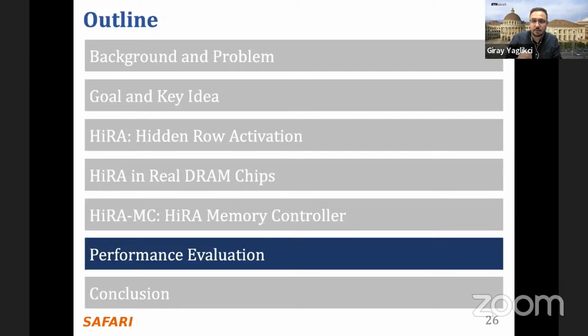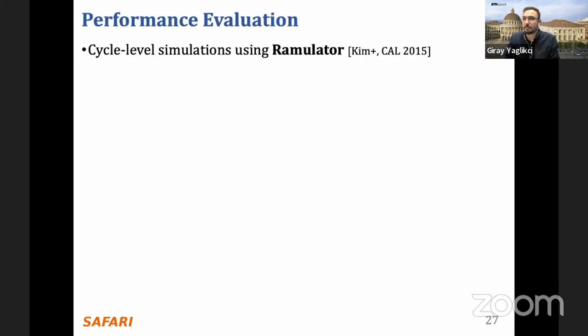So I will just share some performance evaluation results. We implemented this mechanism on a cycle-level simulator called Ramulator. This is a simulator that we use very frequently for our studies, for evaluating mechanisms and conducting performance evaluations.